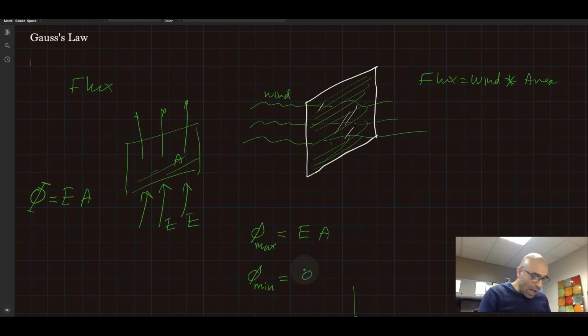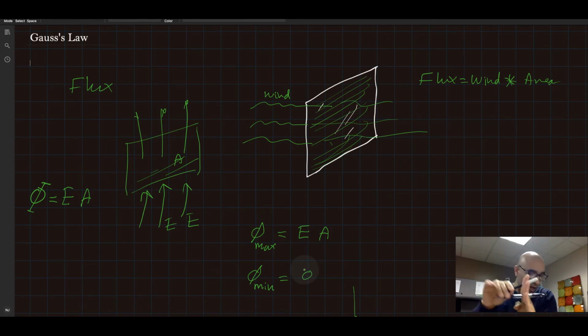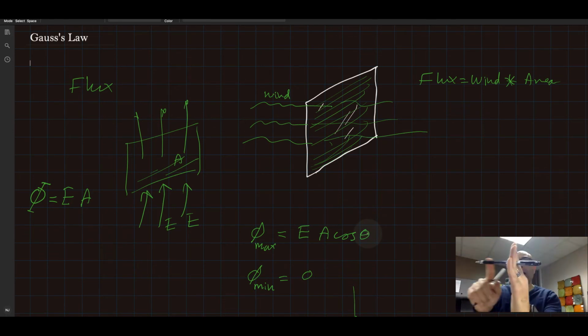Okay. And now we define that the surface area direction is this way, right? That's the surface area direction. And if we have an electric field line that's coming this way, so the angle is 0, and this is maximum flux. Maximum flux can be attained if we have a trigonometric function that defines the angle between the direction of the surface area and the direction of the electric field.